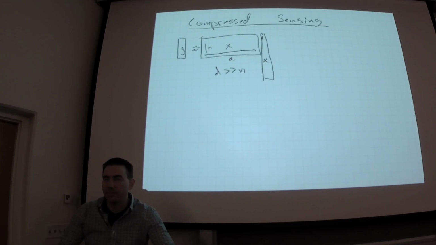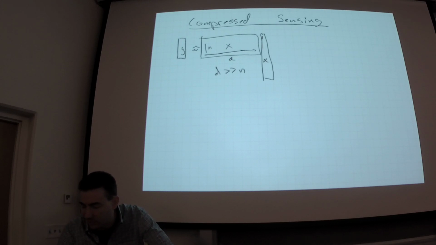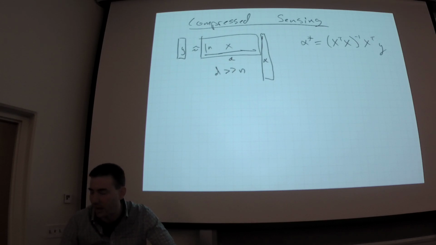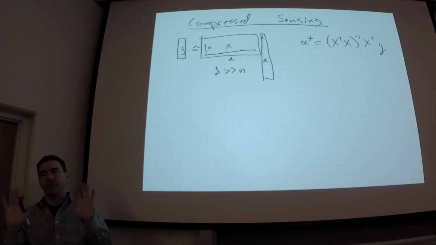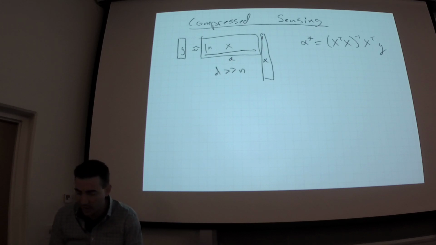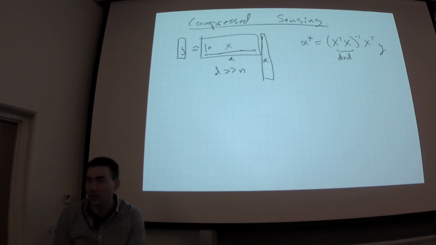If I remember back to the least squares formulation, I said that alpha star under the least squares was going to be x transpose x inverse x transpose y, right? There is this closed form solution here. If you've taken a linear algebra course, you might look at this and say that this matrix is a d by d matrix.